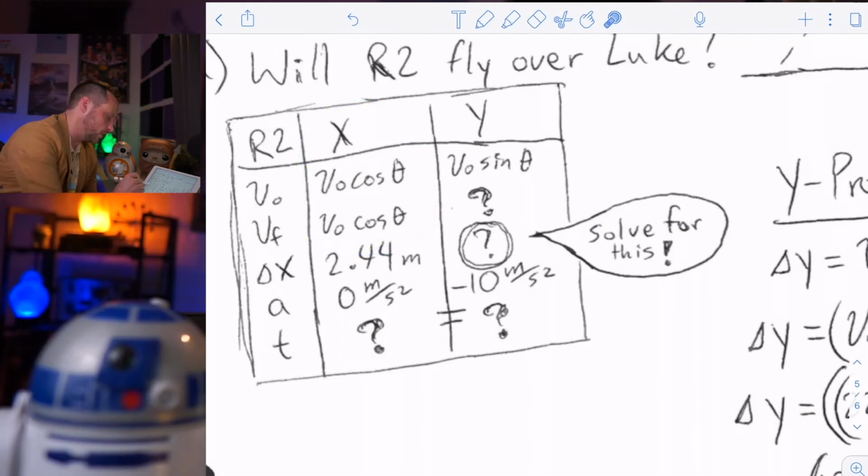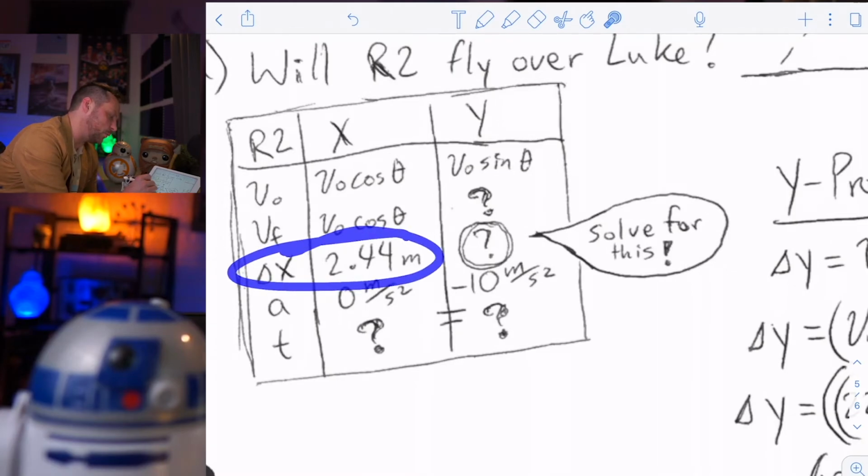There's no acceleration horizontally for any projectile. And we know this hidden given for vertical acceleration for a projectile: gravity. And we know how far forward R2-D2 will travel, but we don't know how high R2-D2 will be. And so this is our unknown that we're solving for.